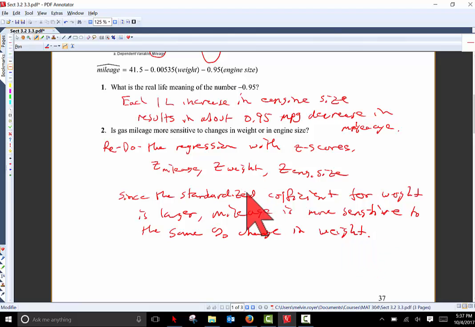In other words, what we're saying is if we increase the weight by 1%, say, and then separately increase the engine size by 1%, the 1% increase in weight is going to cause a bigger change in mileage than in engine size.